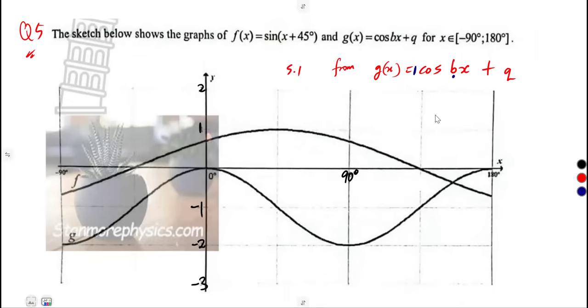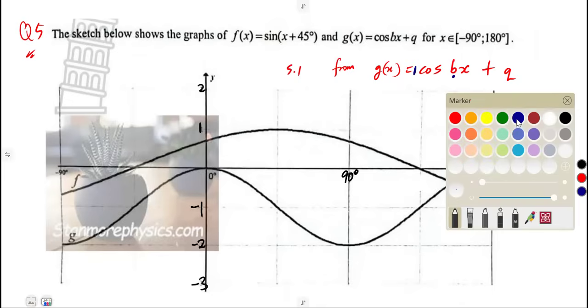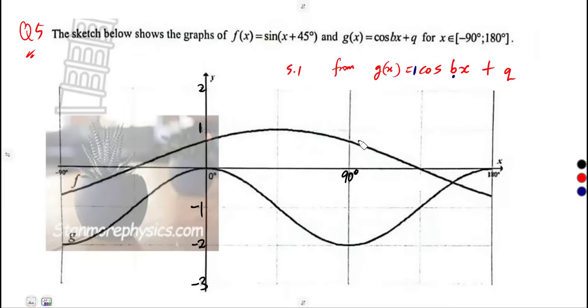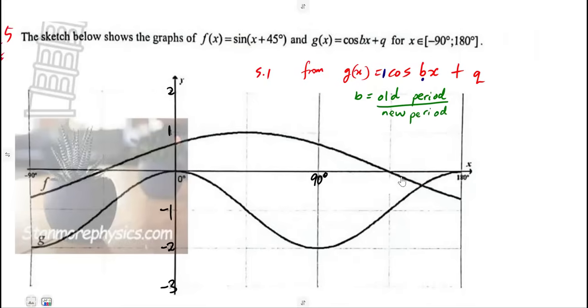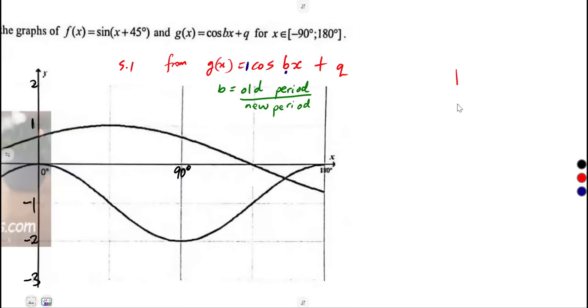As for b, we can work it out with what we had before, the period that we had before and the new period of the graph. So b can easily be determined using that concept: the old period of a cosine graph over the new period of the graph that we can see here. Because originally we understand the graph of a cos is supposed to be cos of x.